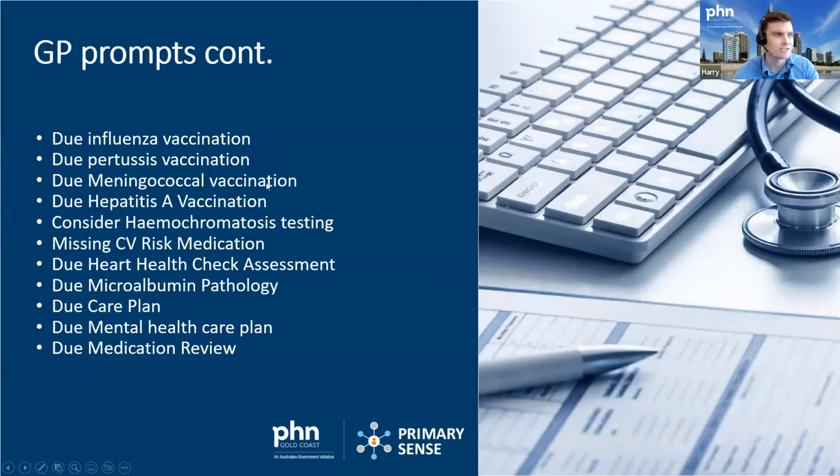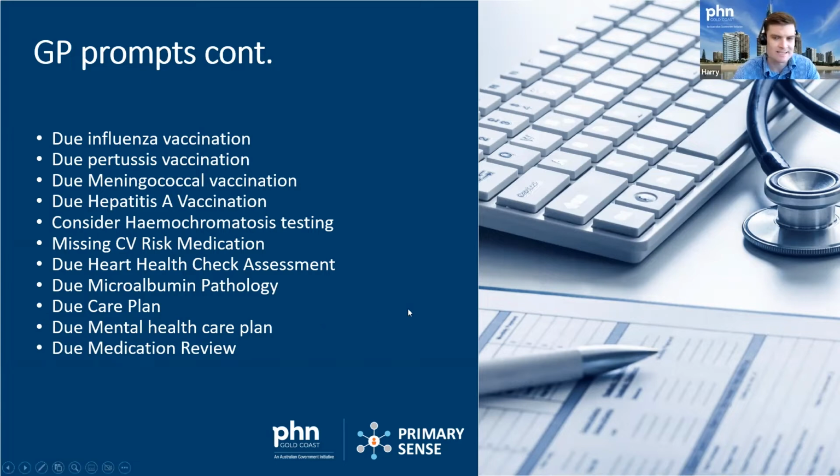You can see now on my screen, these are all the prompts that are currently in the Primary Sense tool. An example of one of these is due for influenza vaccination. This prompt will prompt for patients with ACG bands of 4 and 5 and pregnant women. It provides the dates of the last influenza vaccination, if available, and weeks pregnant, if applicable.